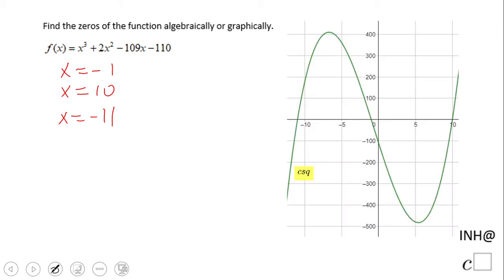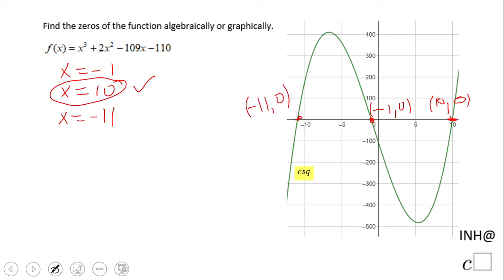We can see on this picture the negative 1 and 0 intercept, this is the 10 and 0 intercept, and obviously this one is negative 11 and 0.